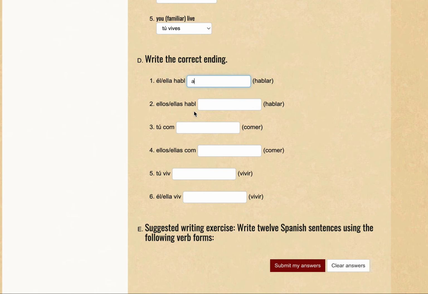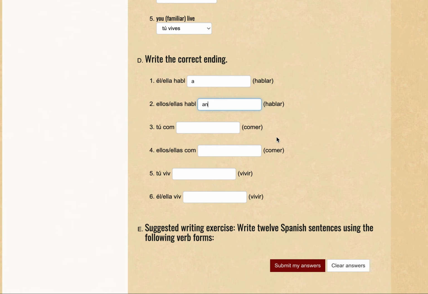Ellos, ellas. Okay, so this would be because you have an O here, right? And N comes before O, so it would be AN. That's how you try to remember it, right? So it's AN. Ellos hablan or ellas hablan.